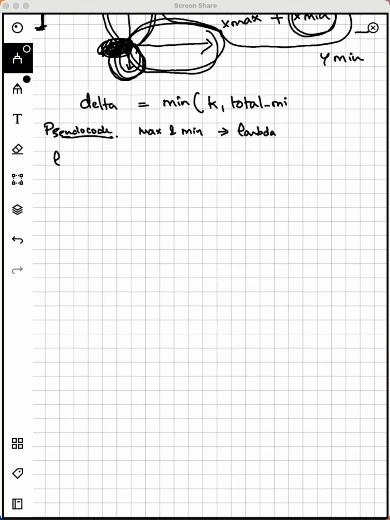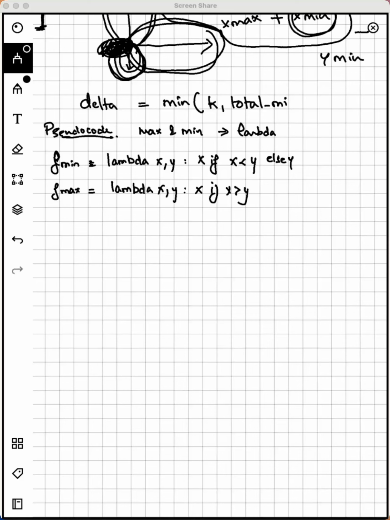Let me show you. Let's say f min is equal to lambda x comma y gives you x if x is lesser than y, else returns y. Same way, f max is equal to lambda x comma y gives you x if x is greater than y, else returns y.